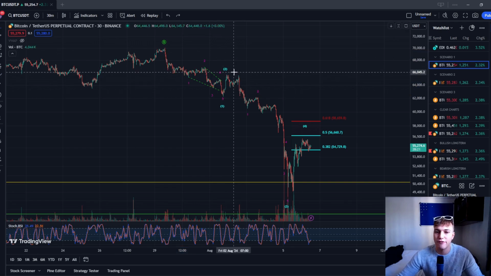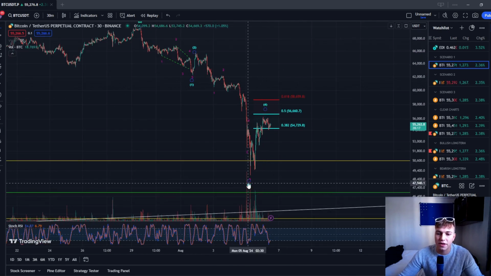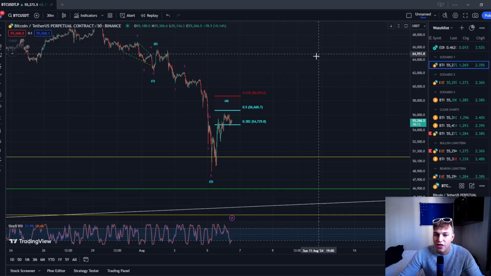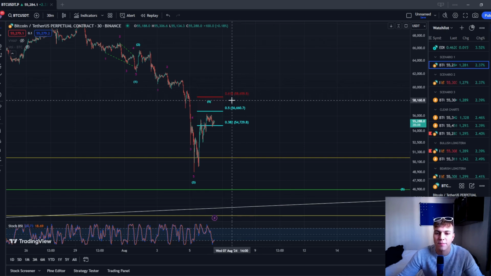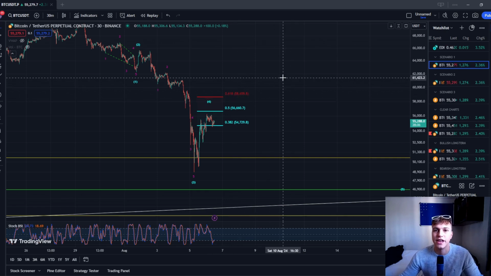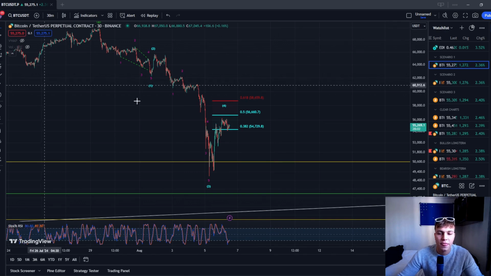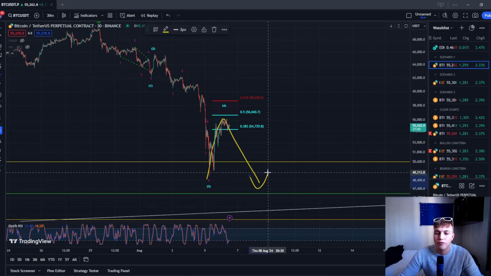Then we have a very shallow wave 2, a wave 3 coming down, forming that low that we saw yesterday, and then this wave 4 that we are currently in, with an invalidation at 58,659.